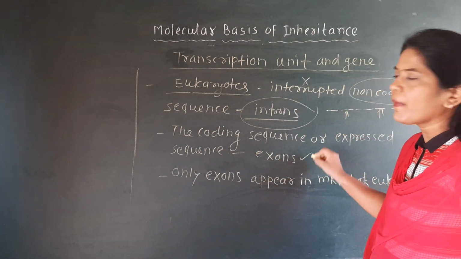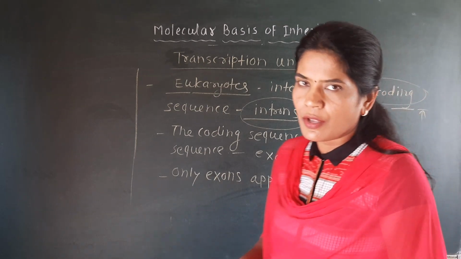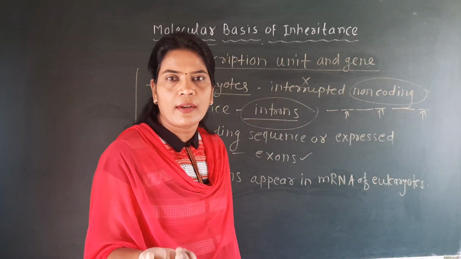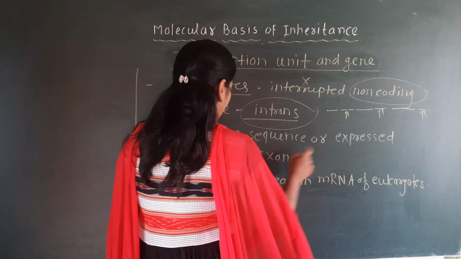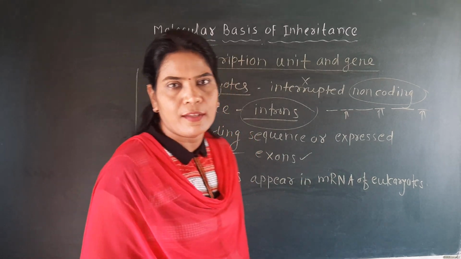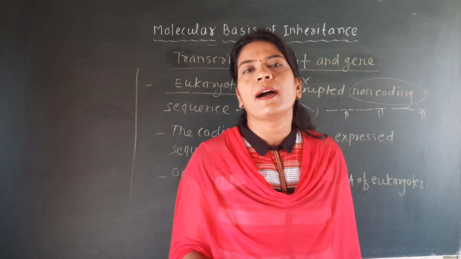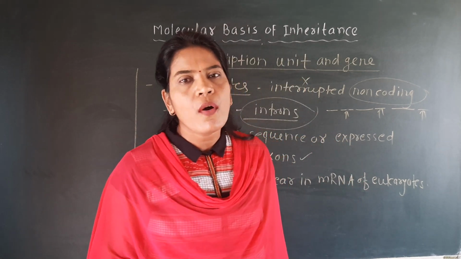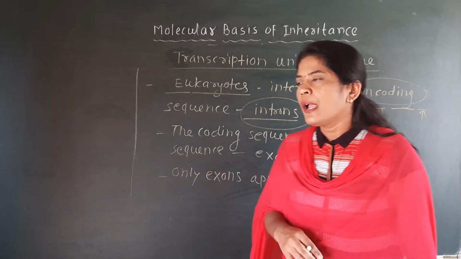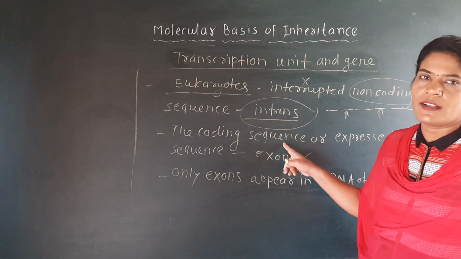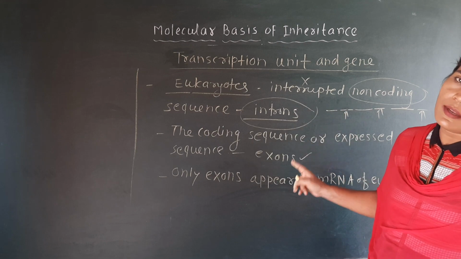And then what is meant by exon? The opposite sequence, in between the introns there is exon. And what is the exon? The coding sequence or expressed sequence is called exon. The sequence of the mRNA which actually forms the protein is called the exon. So opposite to non-coding, coding sequence. Opposite to intron, exon sequence.